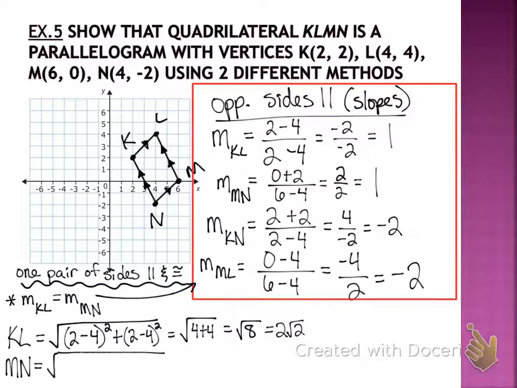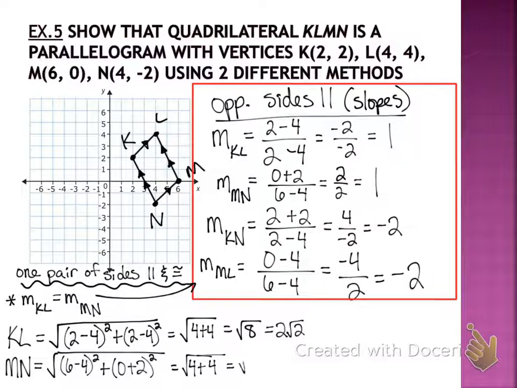For MN, what's going in for my x minus x? 6 minus 4 squared plus, very good, 0 plus 2 squared. 6 minus 4 is, careful, 2. Either way though, when you square it, it becomes 4. 0 plus 2 is 2, and you square it, you get 4.